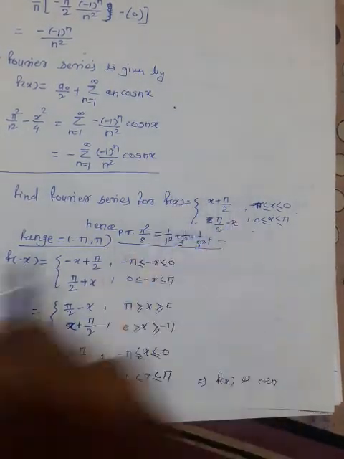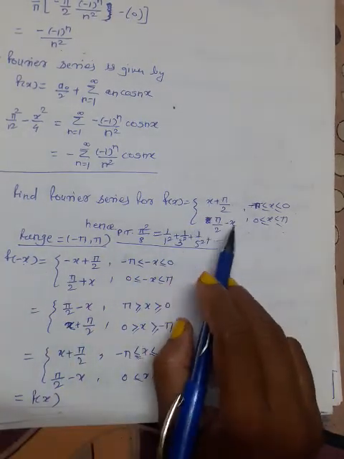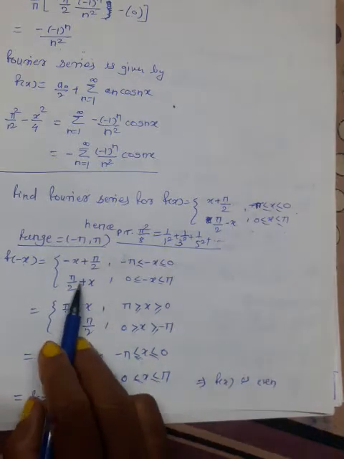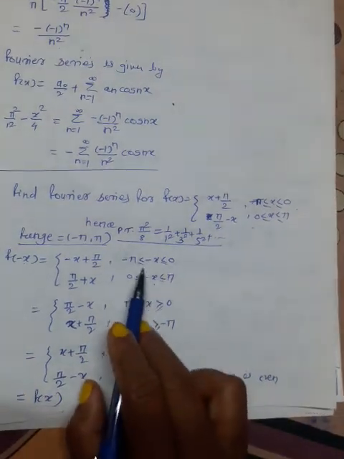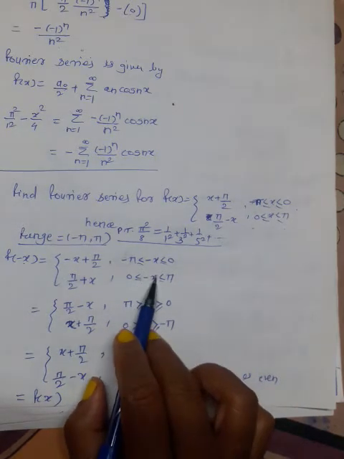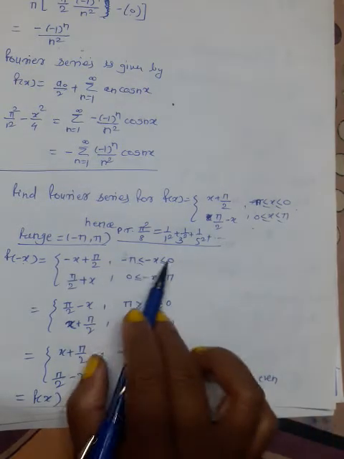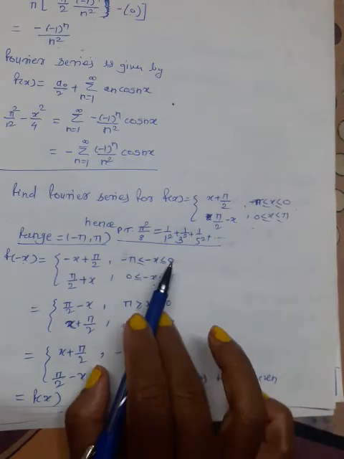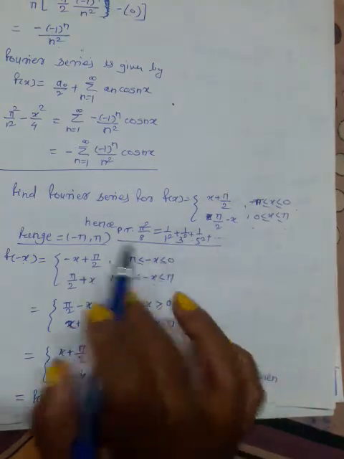Now put minus x on both sides of the equation. We get f of minus x equal to the interval, here minus x, minus becomes plus. Whenever less than or equal to signs are there, the middle term should be plus x. Therefore multiply both sides of this inequality by minus, so the inequality reverses, less than becomes greater than.